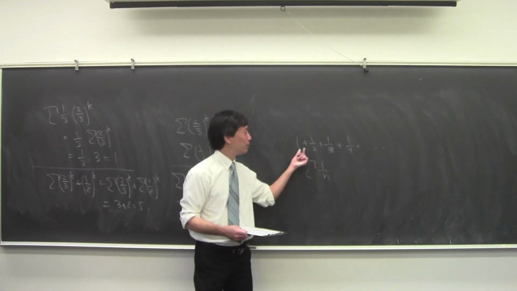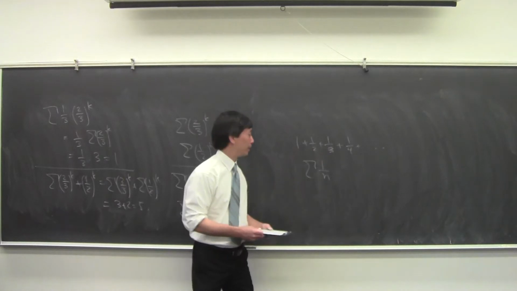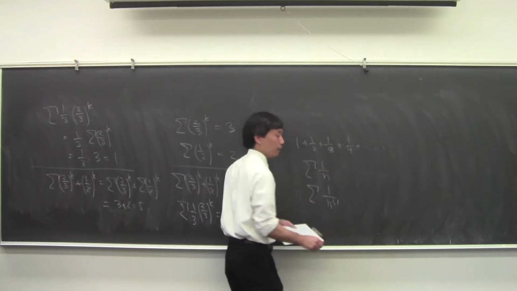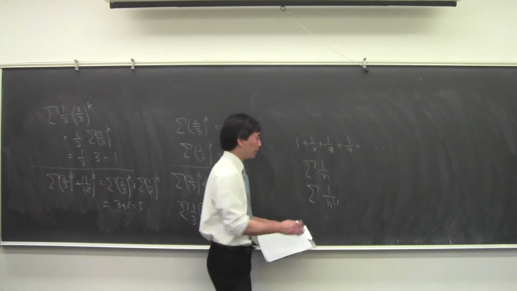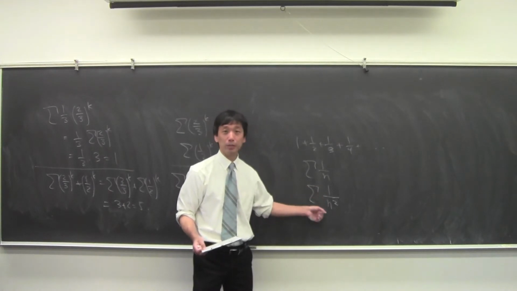You're adding numbers, the numbers are getting smaller. Does that have a limit? It's very hard to tell. Or if I say 1 over n to the 1.1, or make it easier to think about, 1 over n squared.